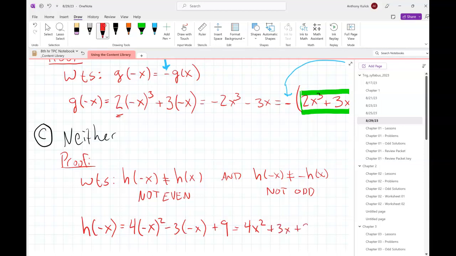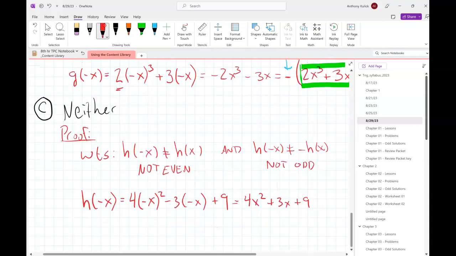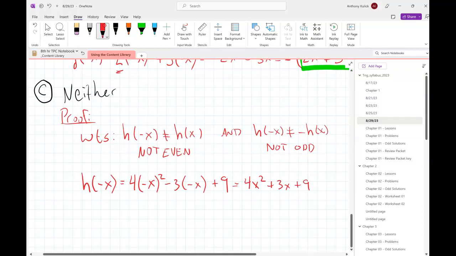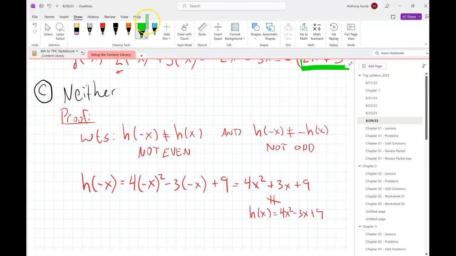And then the plus 9 just stays where it is. Now, if I look at this, I notice that this is not equal to h of x, because the signs on the 3x's were different, right? So I conclude right here that we're not even.